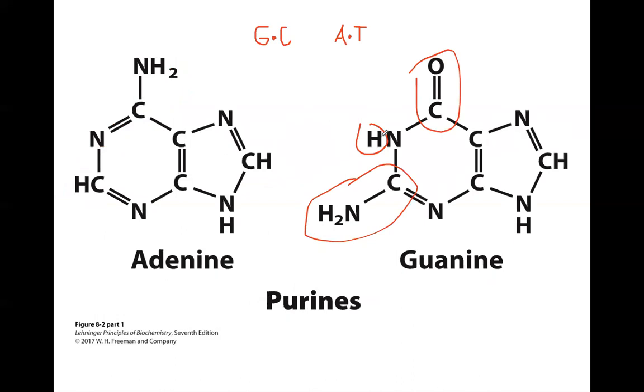So that's one trick to remember guanine and cytosine in terms of their structures. For adenine and thymine, there are actually 3 hydrogen bonds here, and adenine and thymine have 2 hydrogen bonds. The reason is that in the structure of adenine, there is no hydrogen bond acceptor or donor at this position. There is a hydrogen bond acceptor here and a hydrogen bond donor here, so you can form 2 bonds, but you cannot form anything here.